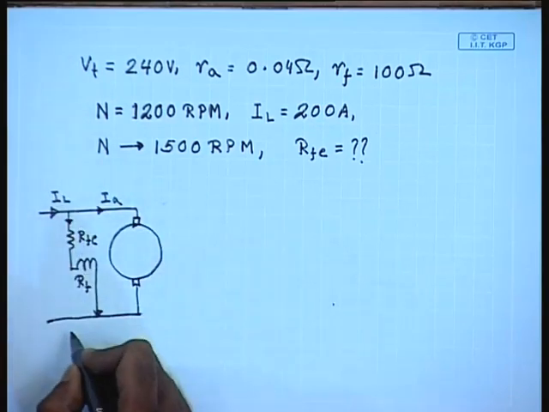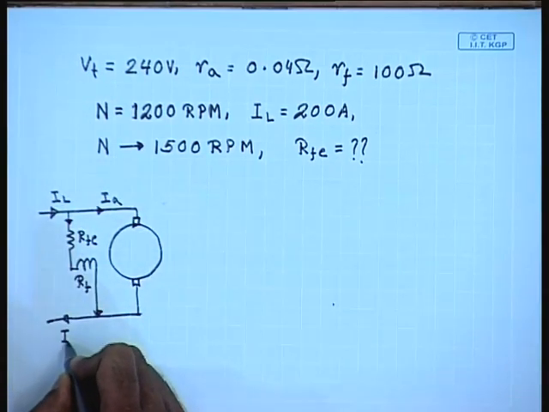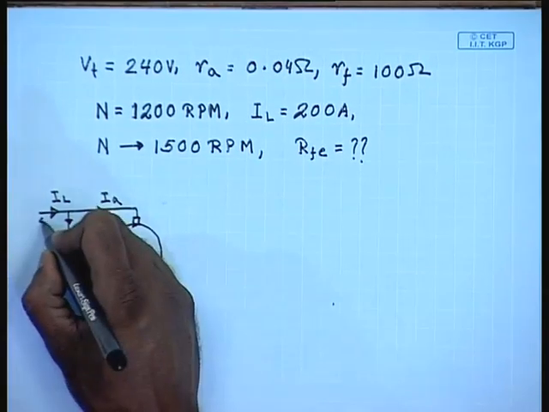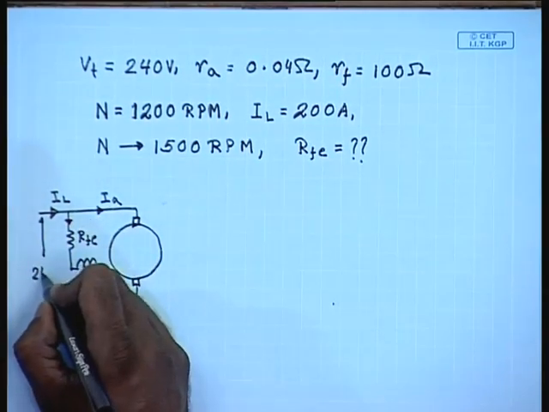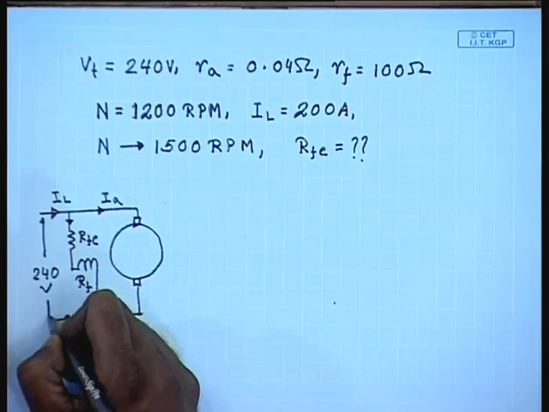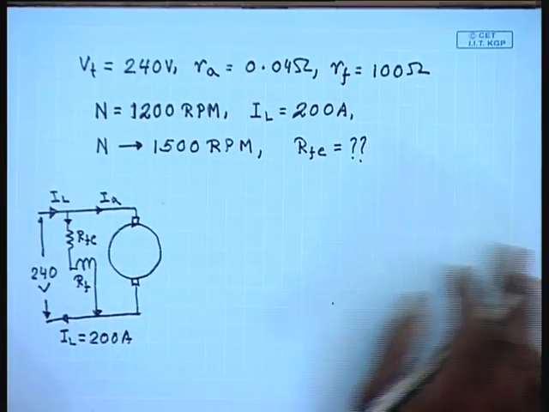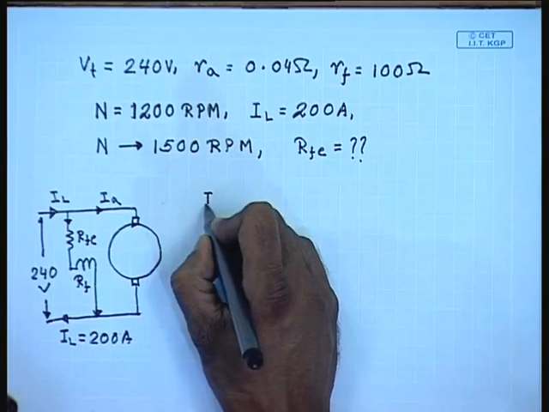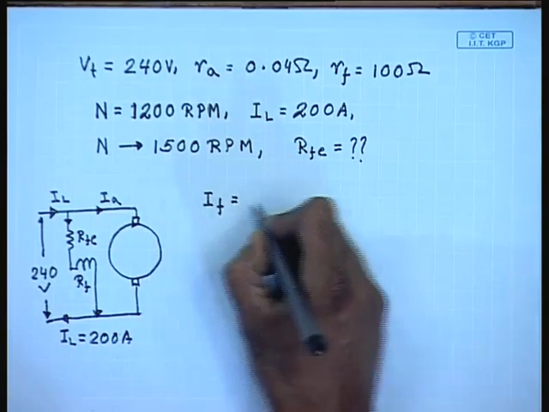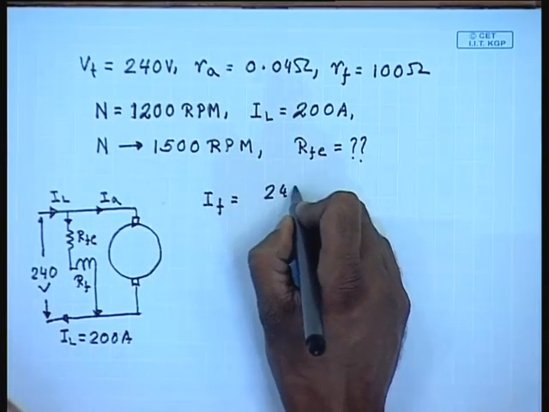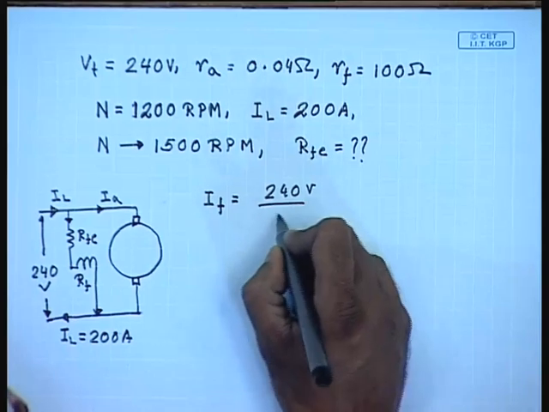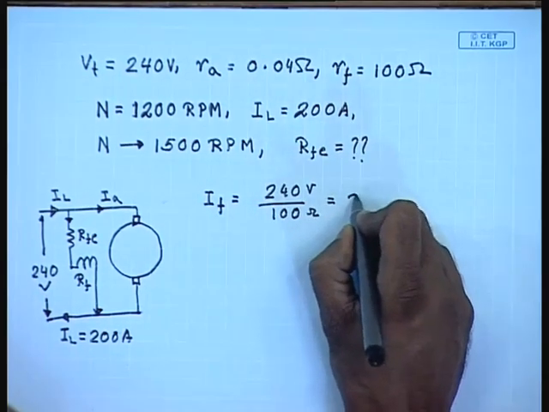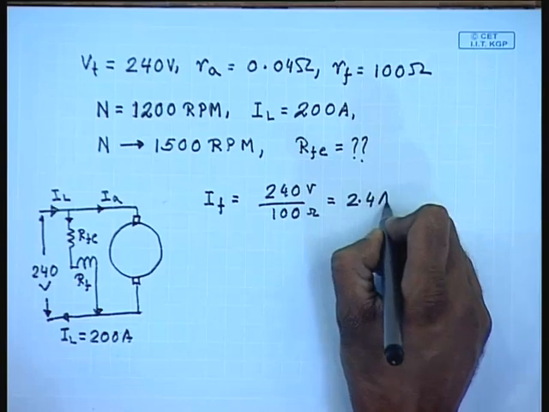This IL is 200 amperes, supply voltage is 240 volts. Therefore, IF equal to 240 volts by 100 ohm equal to 2.4 ampere.